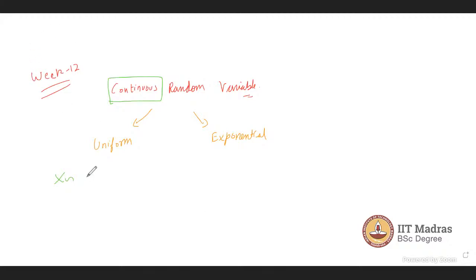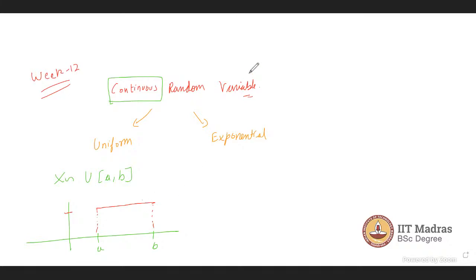So if we say that X follows uniform in some interval a comma b, what it means is, this is some graph, this is value a, this is value b, something like this. That's your plot for the uniform distribution.